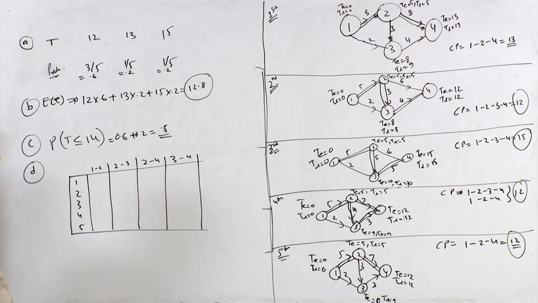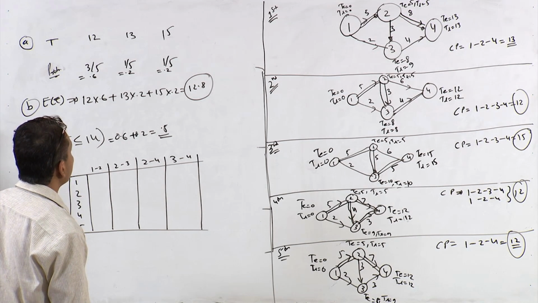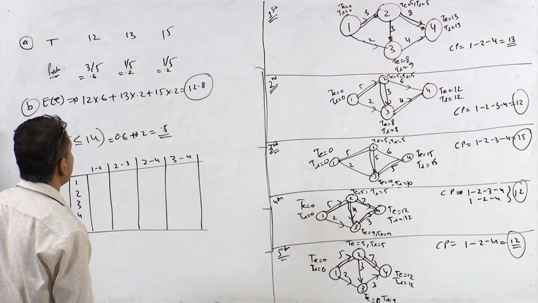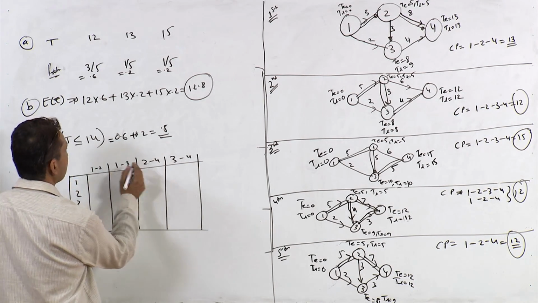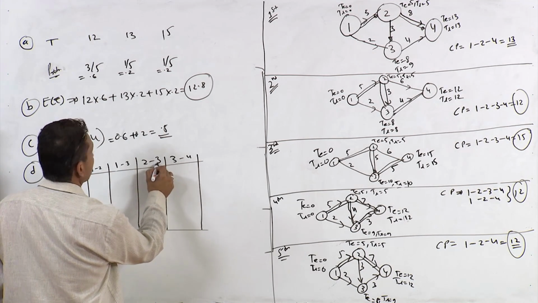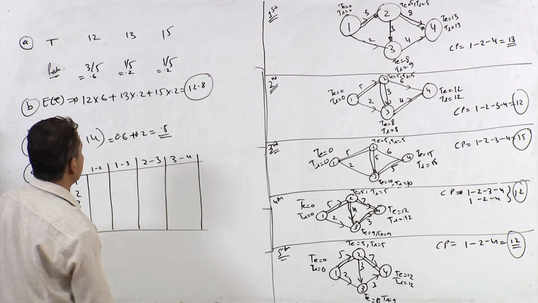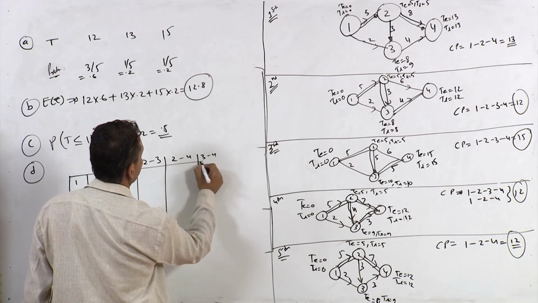You do not have any other activities, right. You got only 4 or 5 activities. It is 1 2, 1 3, 2 3, 2 4 and 3 4. There are 5 activities.